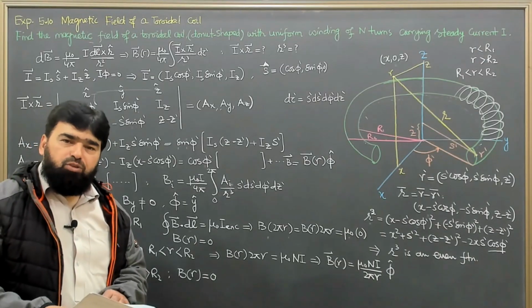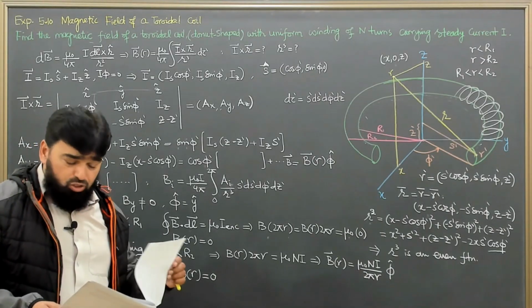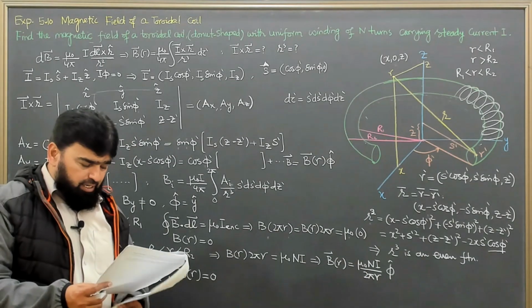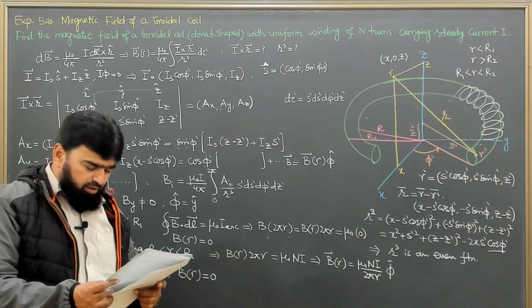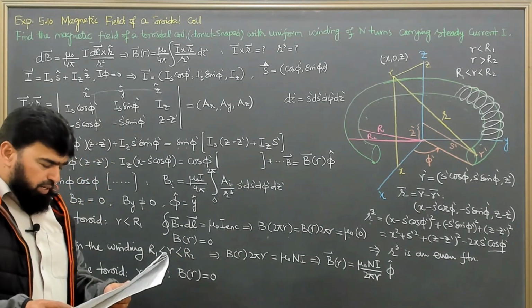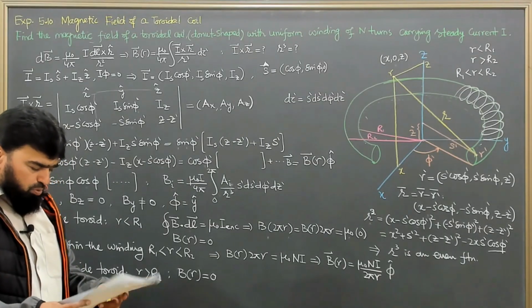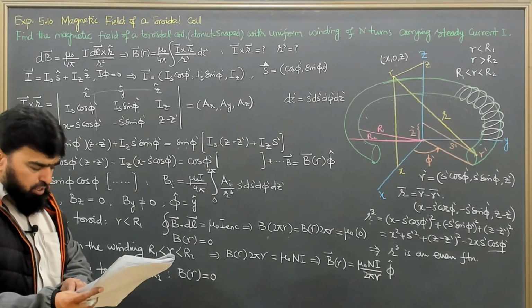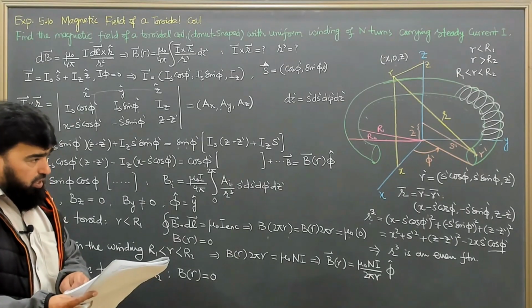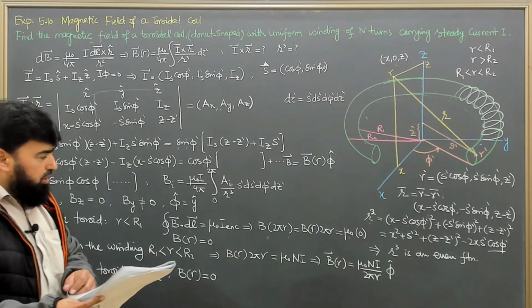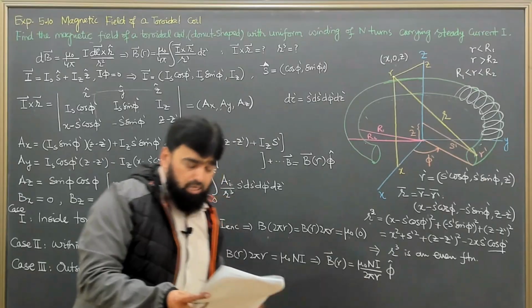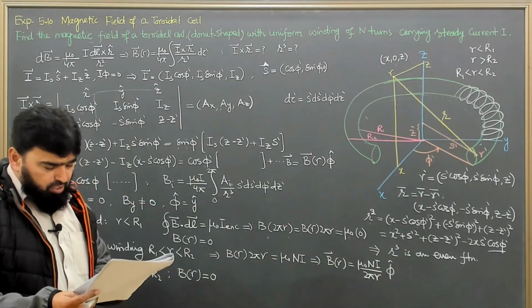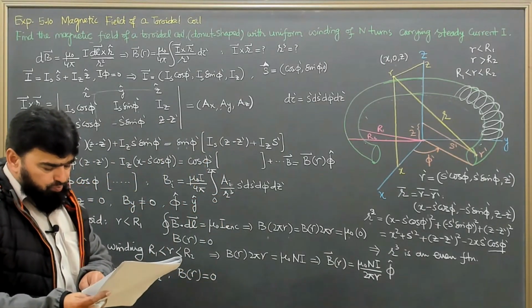In a solenoid, we had a constant field inside, and here we don't have a constant field, but one inversely proportional to R. This is not a linear form, only 1 over R.